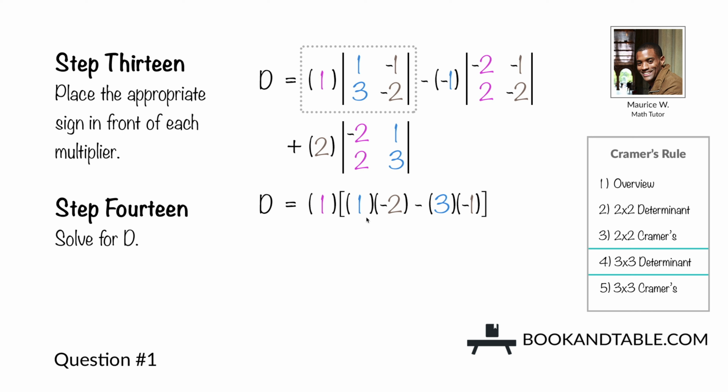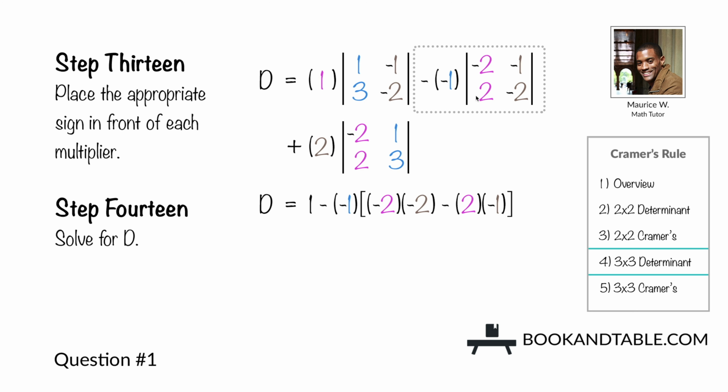So starting inside of the brackets, we have 1 times -2, which would be -2, minus 3 times -1, which would be -3. -2 minus -3 is equivalent to -2 plus 3. -2 plus 3 is equal to +1. And 1 times 1 is equal to 1. So the first 2x2 gives us 1.